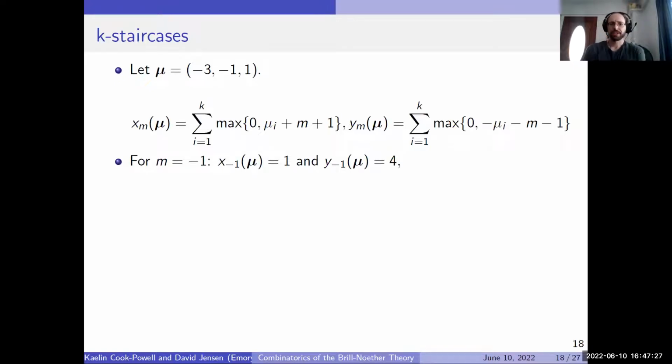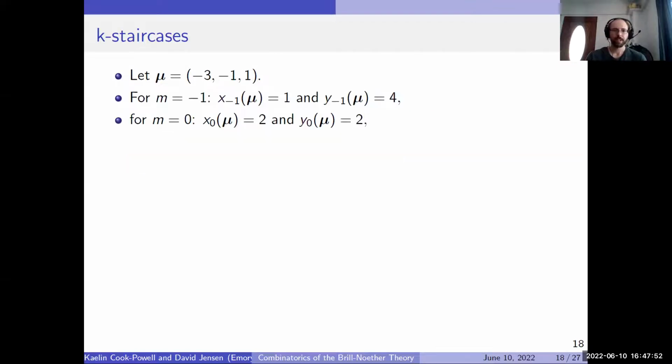And just as a reminder of what these weird things are, xm and ym, well, if I let m be equal to -1, I get x of -1 of mu is 1, and y of -1 of mu is 4. So I should have 1 column and 4 rows. And I can repeat this for 0 and 1.